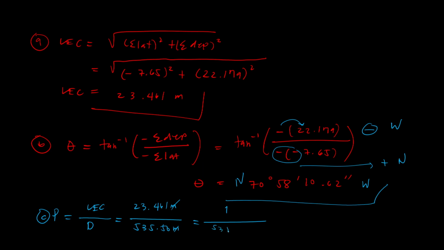So, 535.50 divided by 23.461. And then, ito is equal to 1 divided by ito. So, that is 22.825. Yan na yung sagot natin for the precision. So, 1 divided by 22.825. Yan yung precision natin.